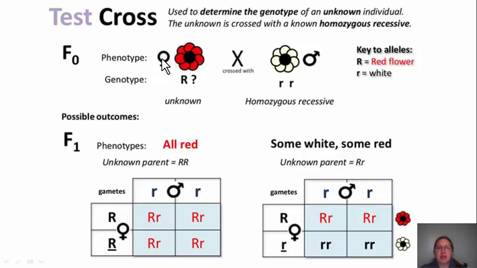So if we breed these 2 flowers together and we get any white, then we know that our red flower must be heterozygous. If we get all red, then we can say that the parent is probably homozygous dominant, but we don't know for sure because it is just a 50-50 shot. So that's what a test cross is, which we can use to figure out an unknown genotype.